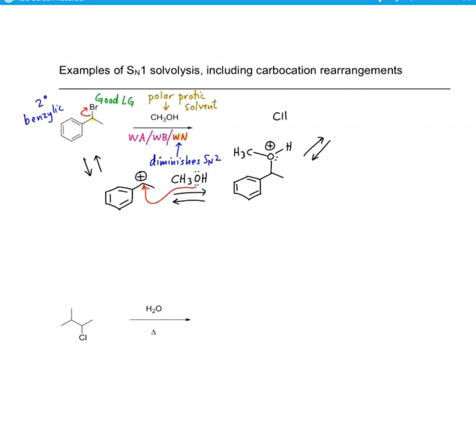This intermediate is then deprotonated by another solvent molecule, acting as a Bronsted base, and that's going to give you the product. Which in this case is an ether.